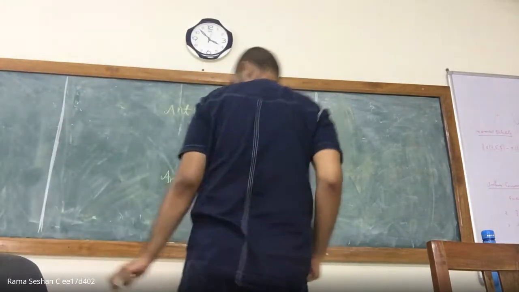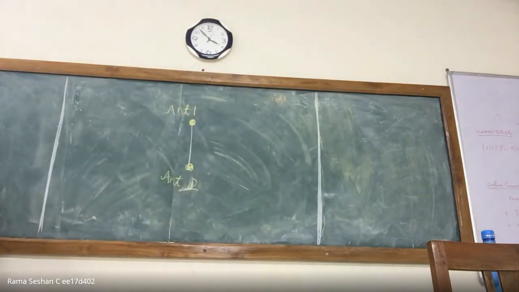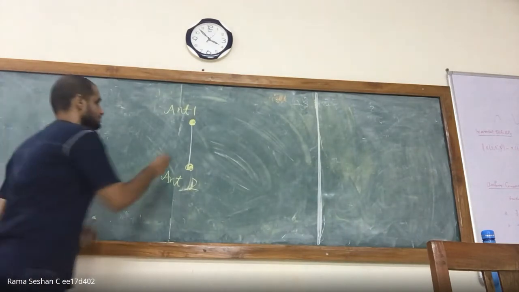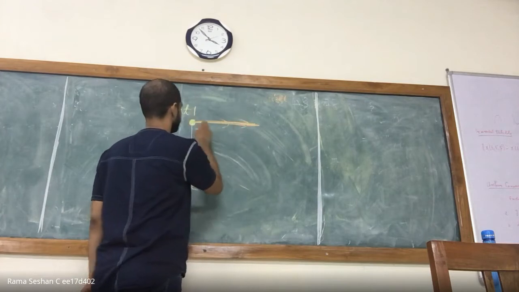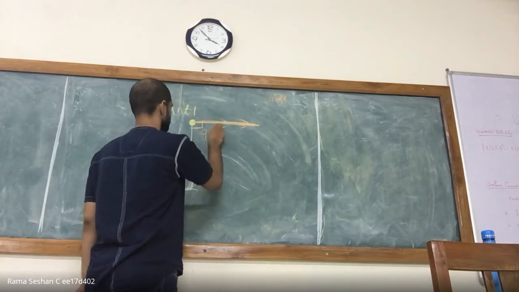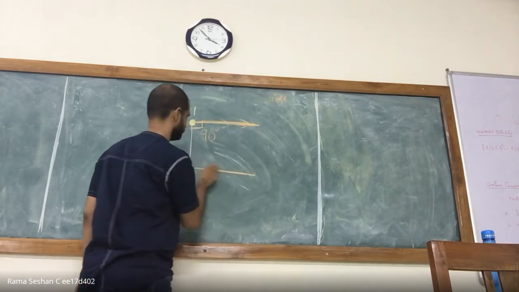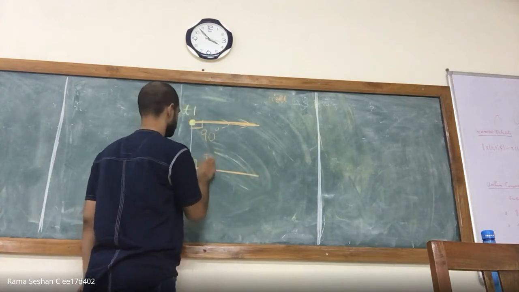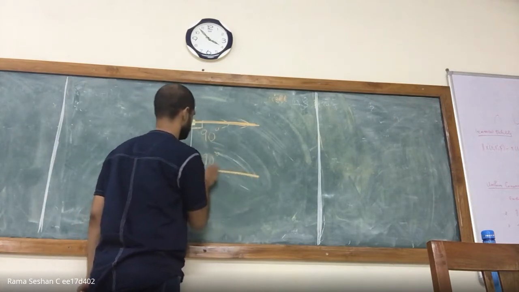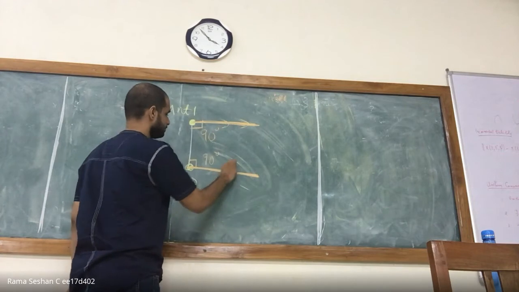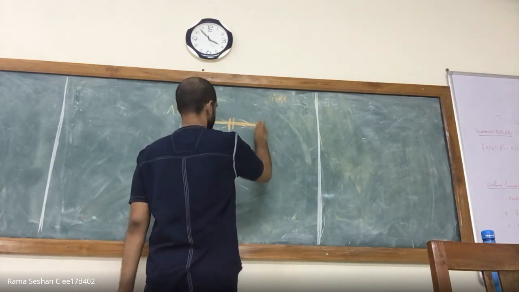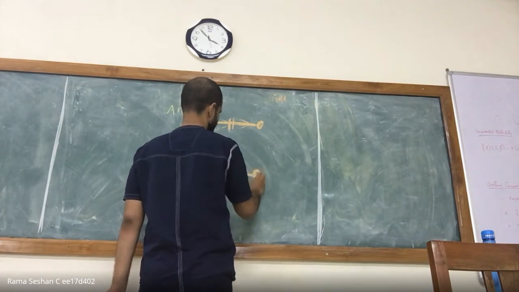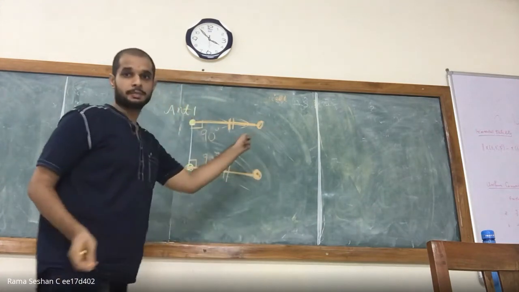So they are starting perpendicular. This is what this ant is starting, and this ant is starting again perpendicular. They both travel the same length. Can you see what is happening?